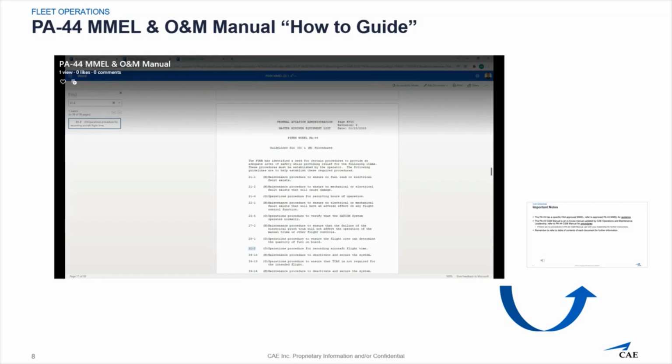Here's the O procedure, operations procedure for recording aircraft flight time. So this means that there is a procedure. Let's go ahead to make sure that that is true. So you know that this is it. Operations procedure for recording aircraft flight time.